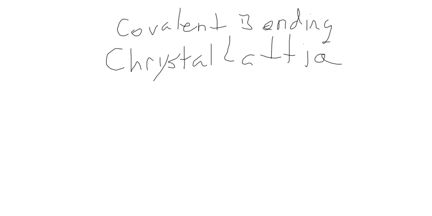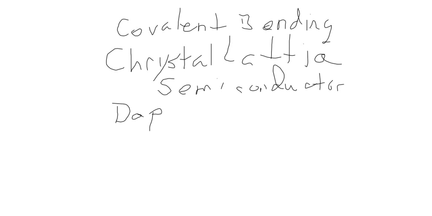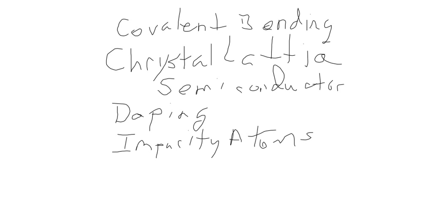Now, to make what we call a semiconductor, we use a process called doping to implant impurity atoms into this crystal lattice structure.